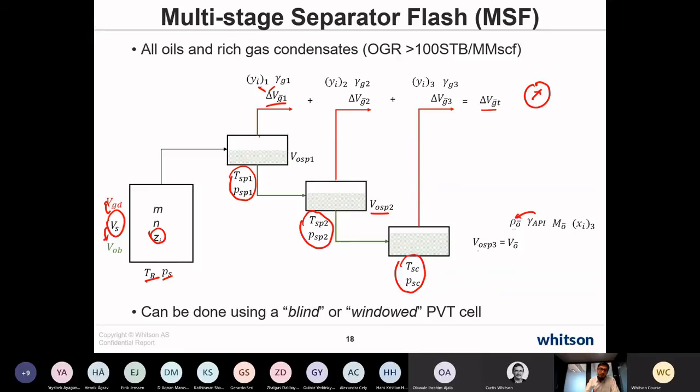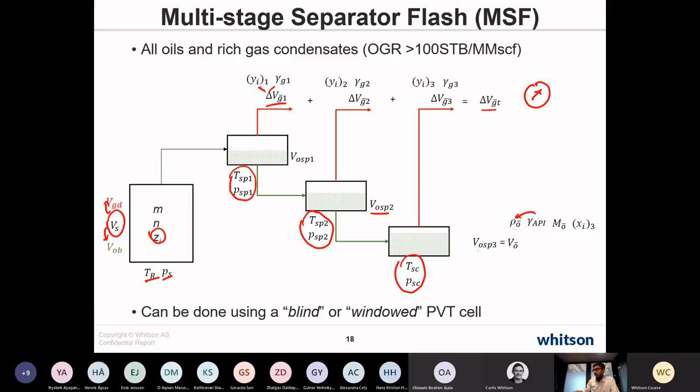And as soon as the interface reaches the top, the liquid will start to go out, and you will suddenly see the pressure going down because of the compressibility change, and then you can just close the valve. So that can also be done with the blind cell.